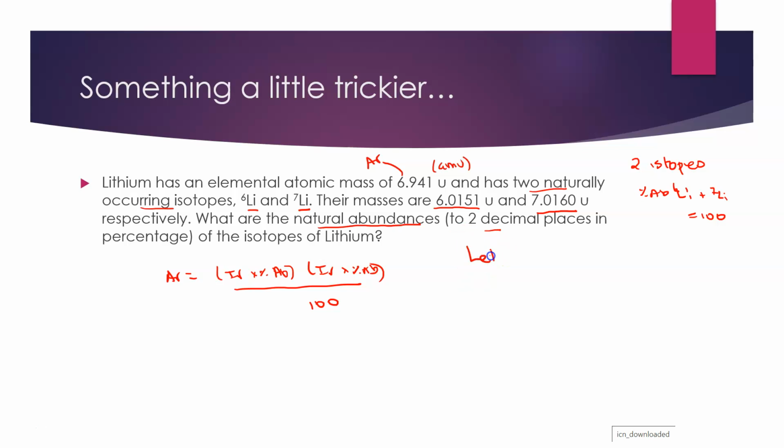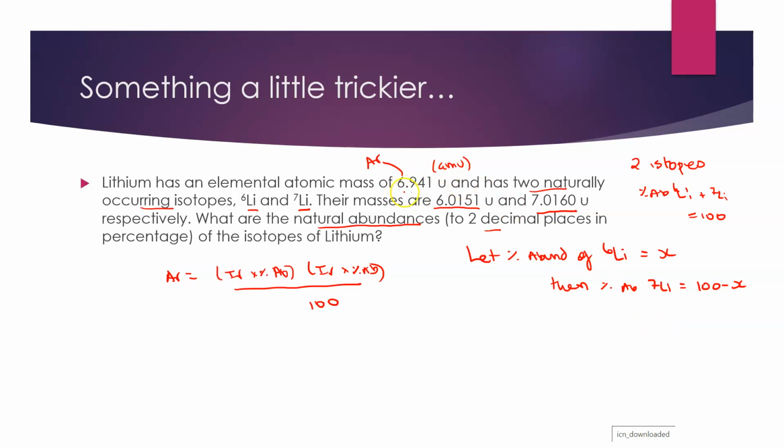If we say let the percentage abundance of lithium-6 equal X, then the percentage abundance of lithium-7 is going to equal 100 minus X. We can then substitute those into our formula.